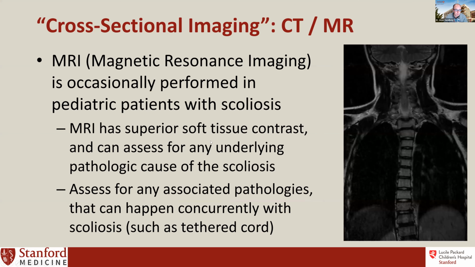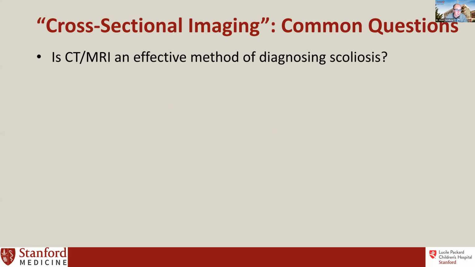MRI is occasionally performed in patients with scoliosis. Because MRI has superior soft tissue contrast, I can really see soft tissue detail more than CT and radiography. And so often this will be performed if there's a worry that this is not idiopathic scoliosis, if this is caused by some pathology, and they need to assess whether something else is going on, and to assess for other associated pathologies such as tethered cord.